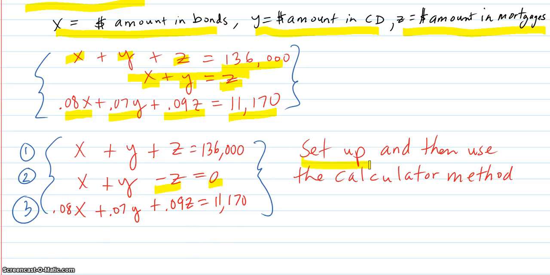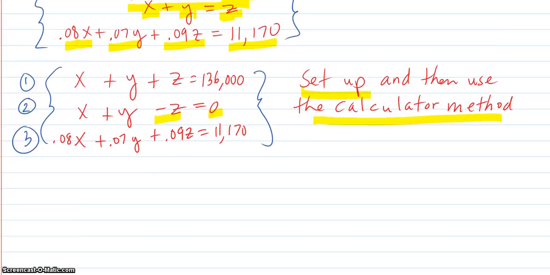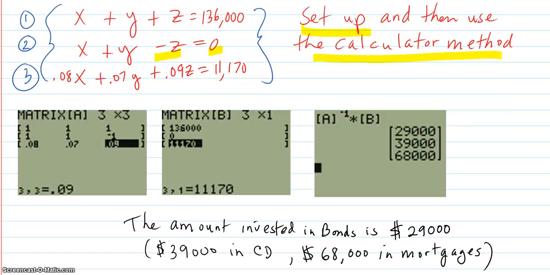So we set it up. We could do it by hand, but I'm going to use the calculator method this time. So here's our system. When we use the calculator method, we set up the A matrix. So 3 by 3.